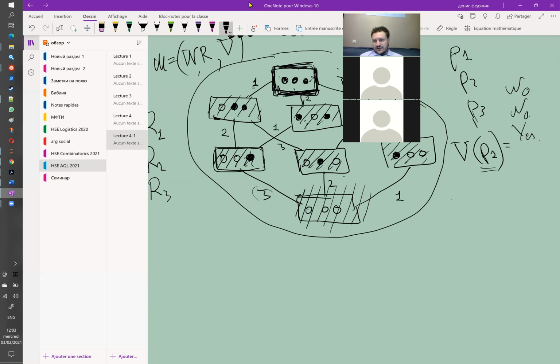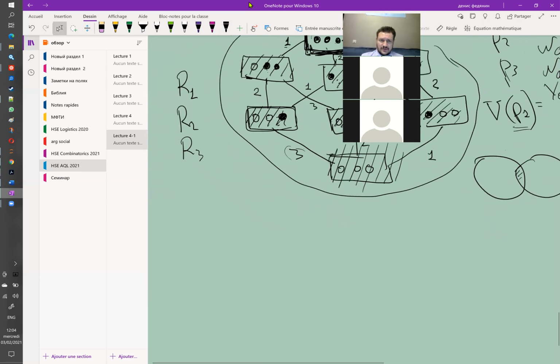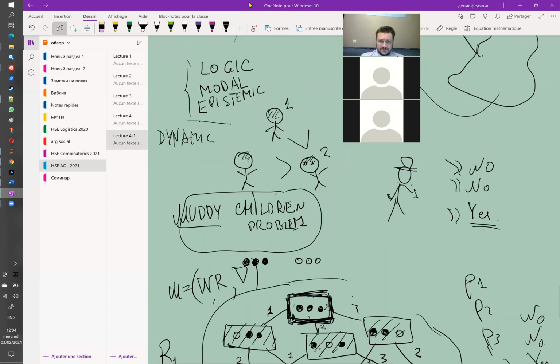There are logicians and there are game theorists, and a scientist who has knowledge of both domains is very rare. So it's not a common situation, and it's not very well developed. But there are special theories for this. Okay, it's about the muddy children puzzle and so on.